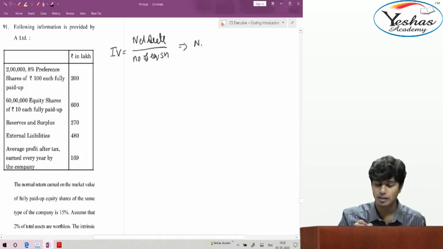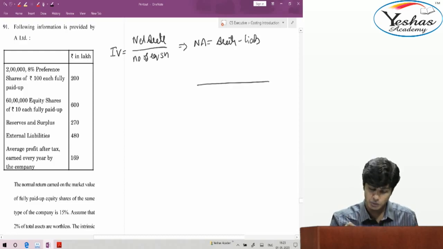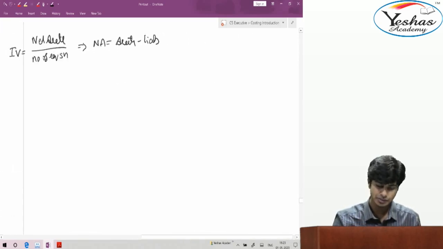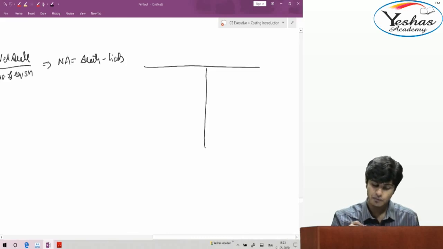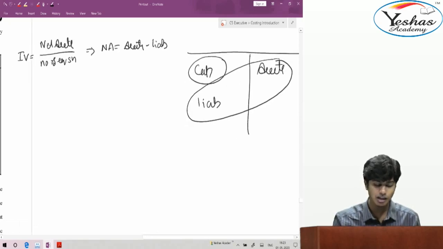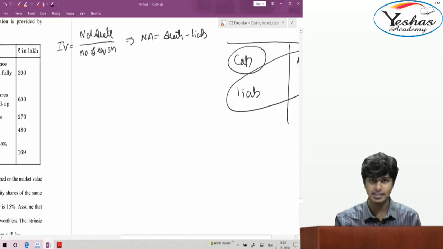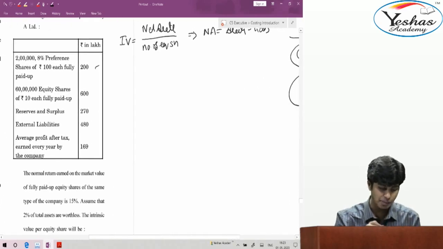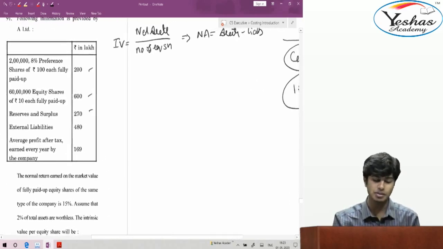Now further, net assets is equal to assets minus liabilities. And I told this to you, when we prepare a balance sheet, we'll write assets here, liabilities here, capital here. If we take assets minus liabilities, we get net assets. That is nothing but capital. You get what I'm trying to tell? So instead of writing that as net assets that way, can I write it as a combination of preference share capital plus equity share capital plus reserves and surplus as my net assets?